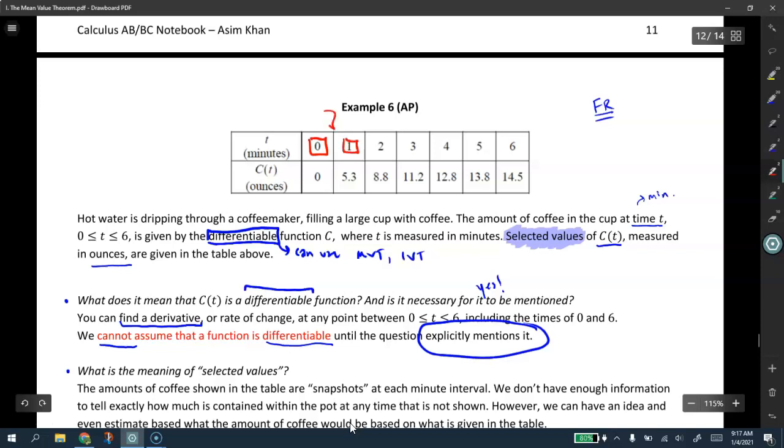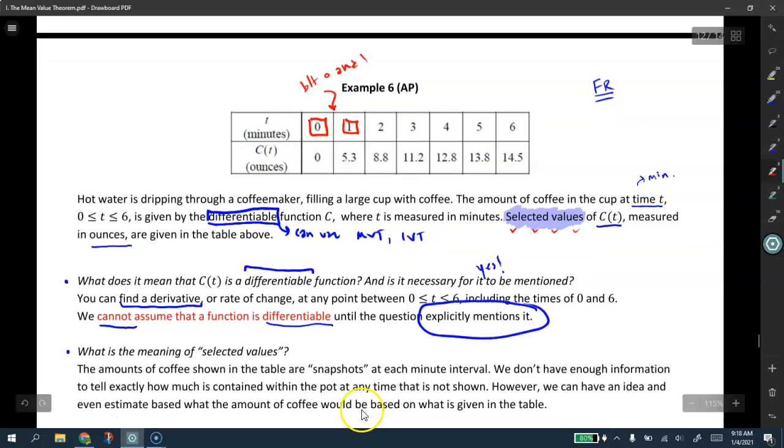So one may ask, what happens in between 0 and 1? When we say what happens, we mean how much coffee is there at half a minute? How much coffee is there at 3/4 of a minute? And we don't know that. Because we don't know that, we understand that these are simply selected values, right? They've only given us selected values from 0 through 6.